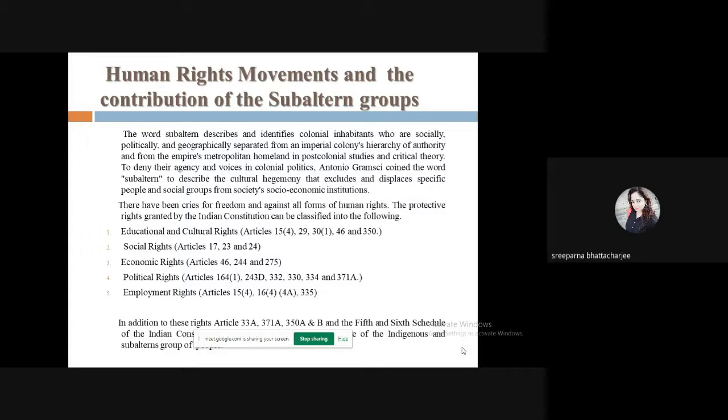Now, what are the subaltern groups? This terminology refers to people who are completely isolated, who are not at all coming under any kind of enlightenment, okay, and they are secluded. They are not considered a part of society. It may be for a social reason, a political reason, or a geographical reason.